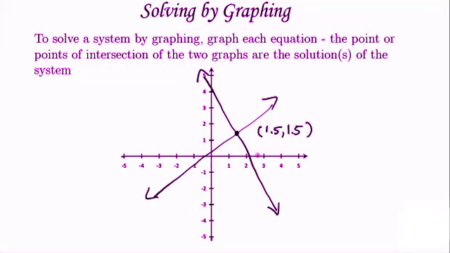To get the exact solution, you need to make sure that you're graphing right on the points. And that is definitely a weakness of this method, is it can be difficult to get everything exact so that you have the correct point of intersection. So anyways, the solution for this set of equations would be that x equals 1.5 and y equals 1.5. That's just to give you the general idea.